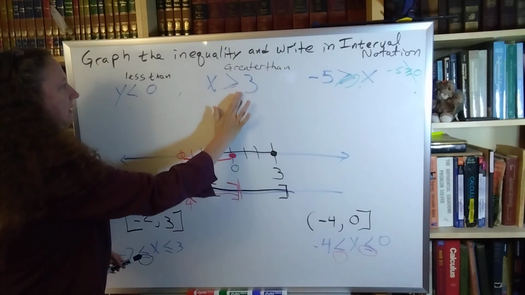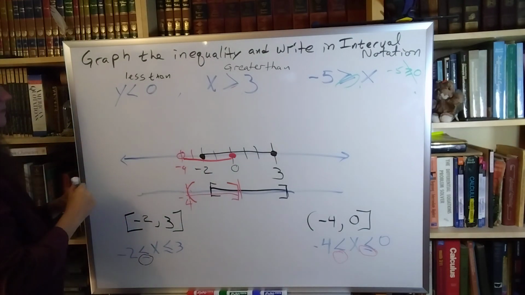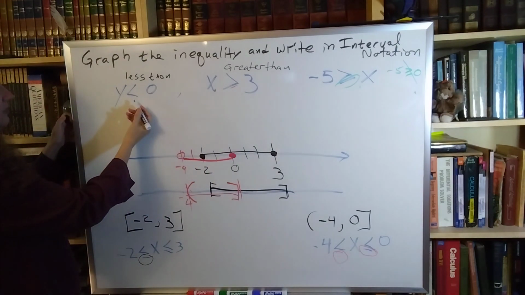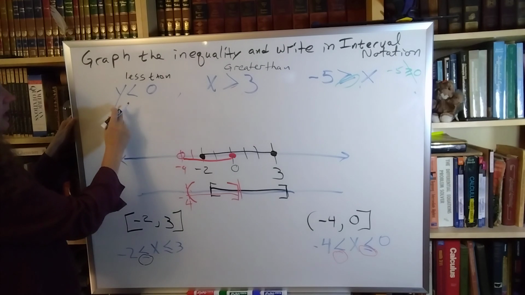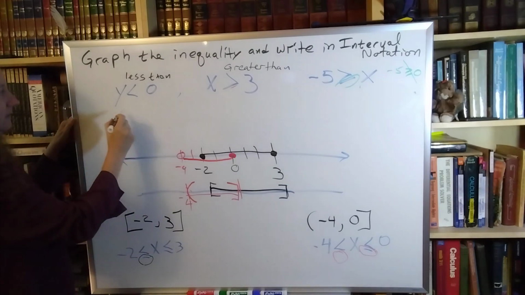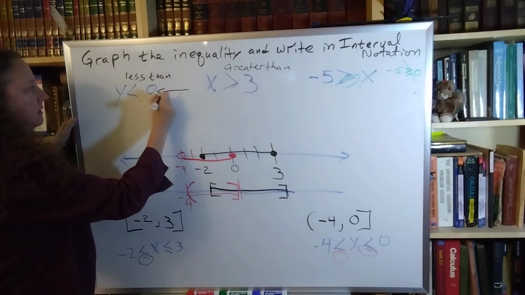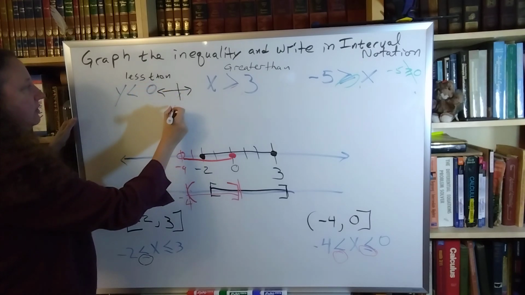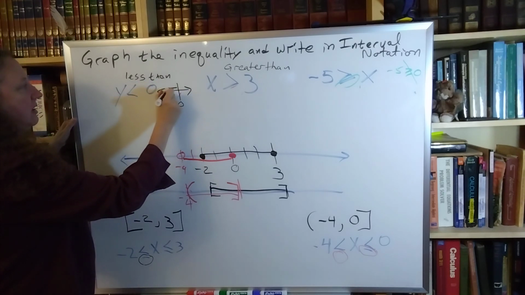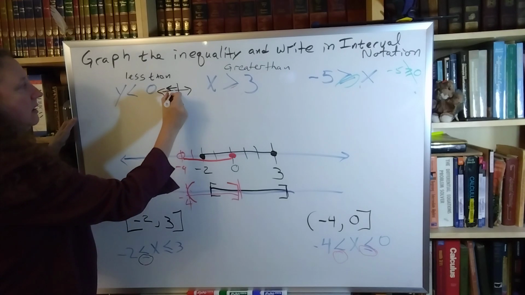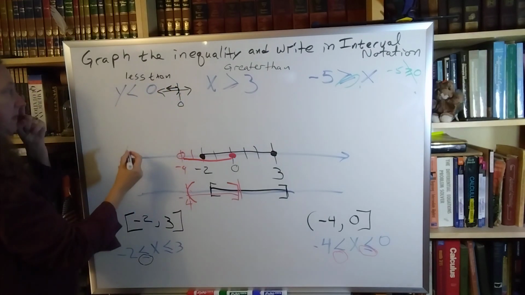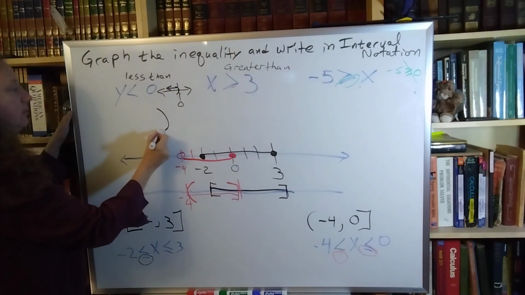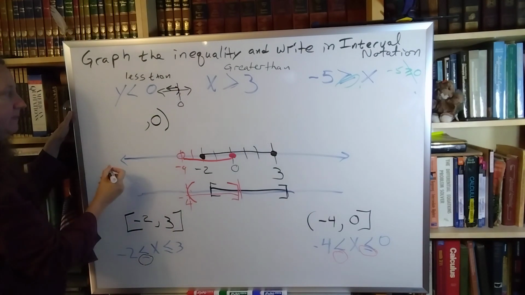So looking at these now, I had strictly less than, and the y was the smaller stuff. So on my graph, I had my 0, and I had my numbers going away from there, and I had the closing parentheses. So my closing parentheses are going to be by the 0.